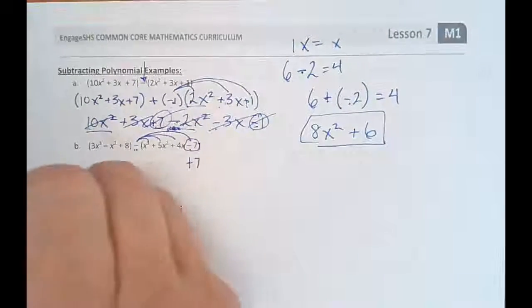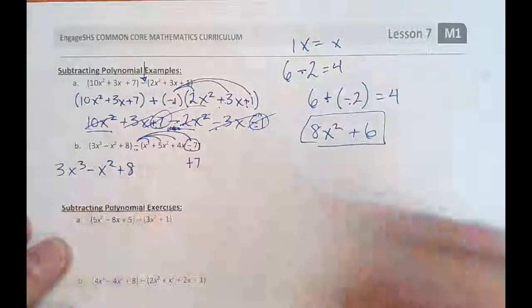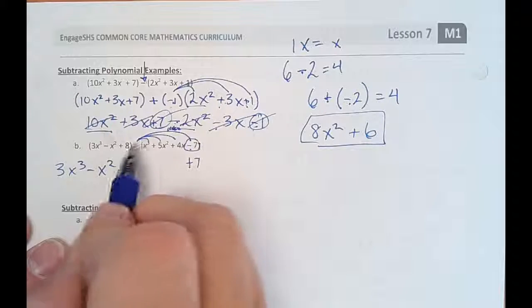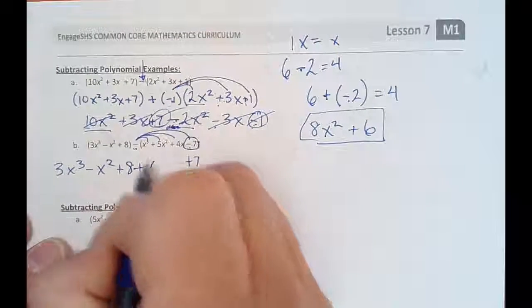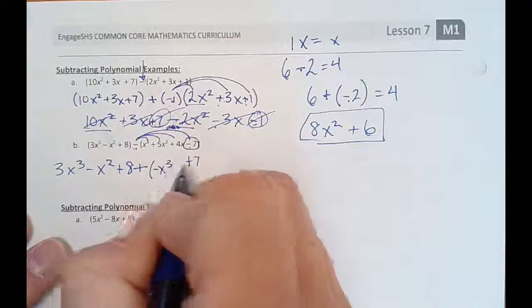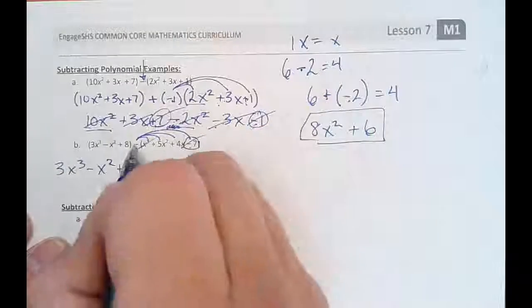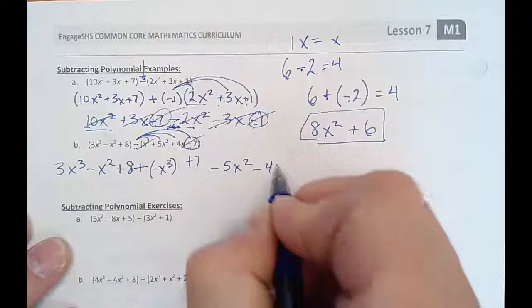So I rewrite 3x to the third minus x squared plus 8. I don't need parentheses because in distributing the negative, I now have a plus negative x to the third. So that's that one and that one. Minus 5x squared minus 4x.